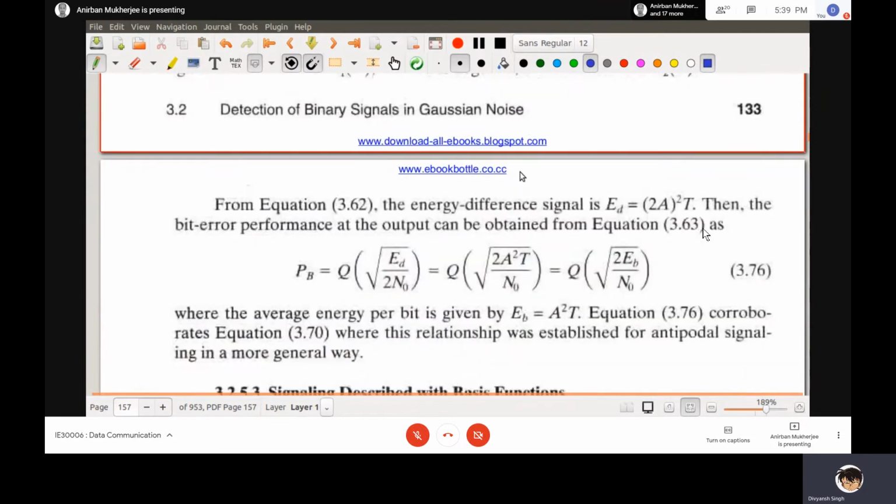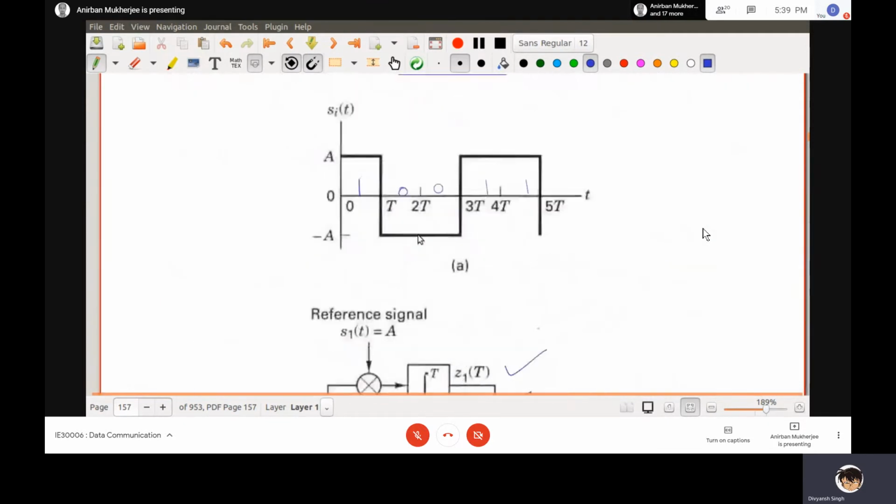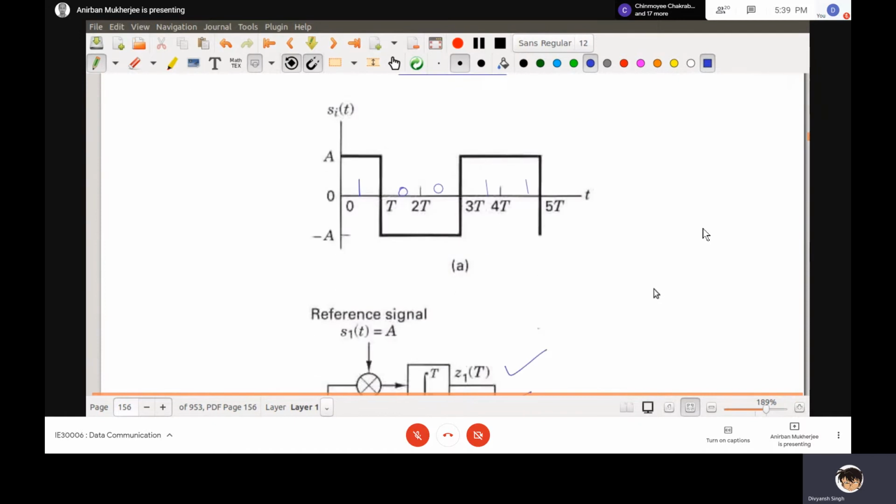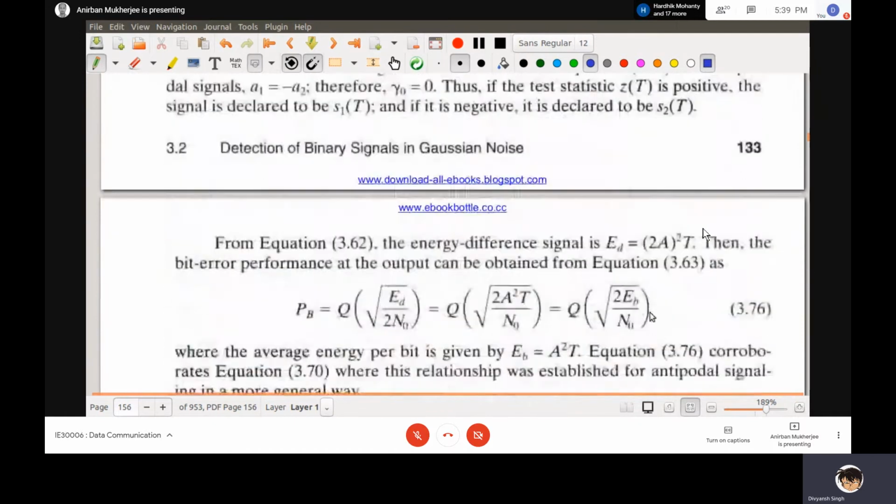Finally, in this case, this is my S1 vector and this is my S2 vector. That means rho equal to minus 1. When rho equals minus 1, the error probability is Q of root 2Eb by N0.